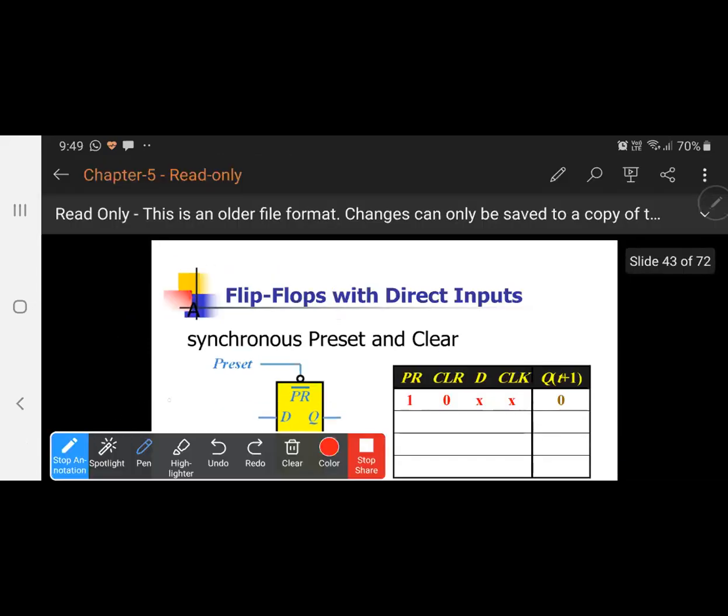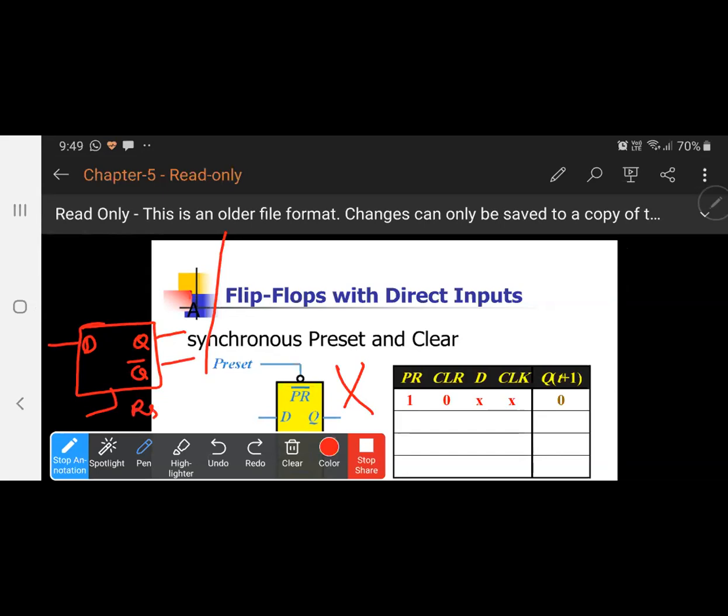This is the homework which I am giving you for the next class, girls. You don't need to look at this, you need to do it yourself. From your understanding, this is the D, this is the Q, this is Q bar, and this is the condition of reset or clear, and this is the condition of preset. Preset means you need to make it 1.